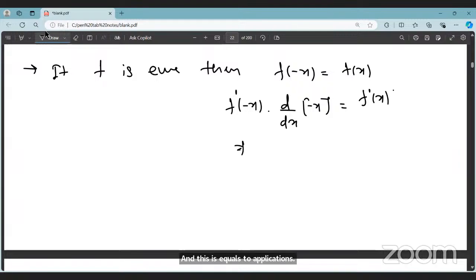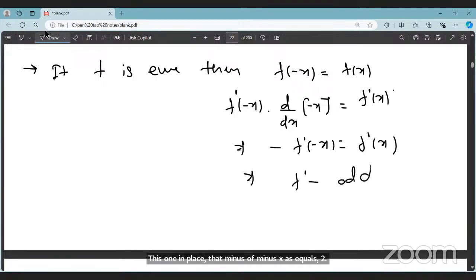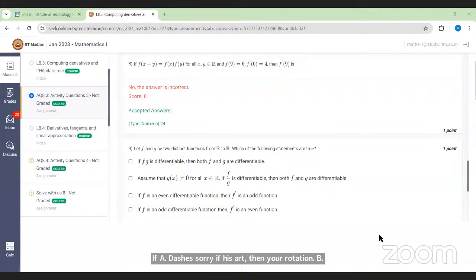So this implies that minus f dash of minus x is equal to f dash of x. So that means f dash is odd, right? In this manner, you can say that if f is even, then f dash will be odd. If f is odd, then f dash will be even. Is that fine? This was the ninth question's two parts.